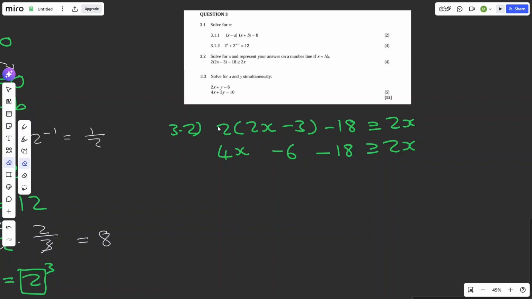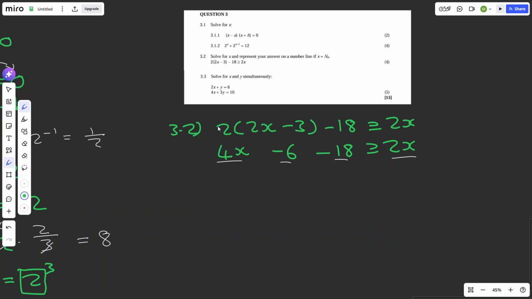It's actually 4x. The next part, we're just going to transpose everything to one side and add up the like terms. We can take these two here, put them on one side, and these two here on the same side.